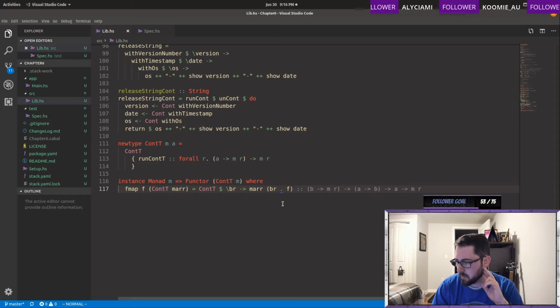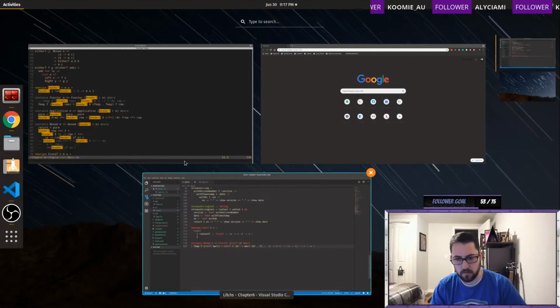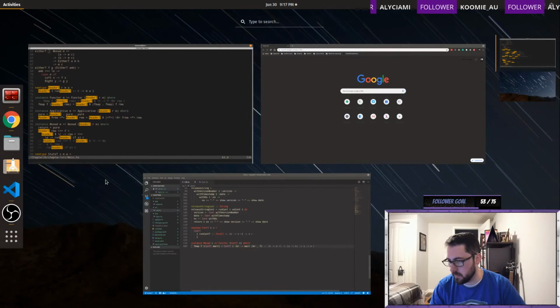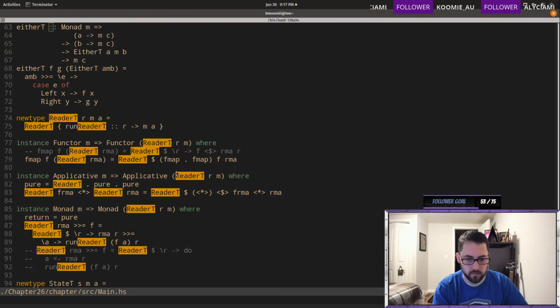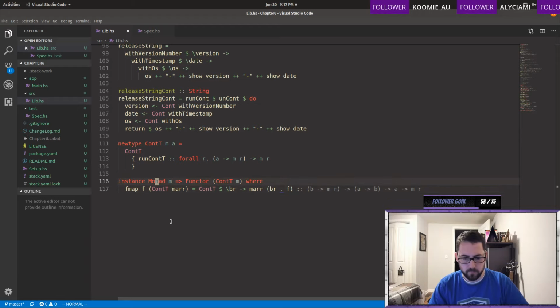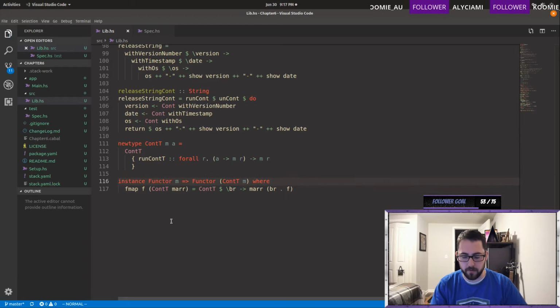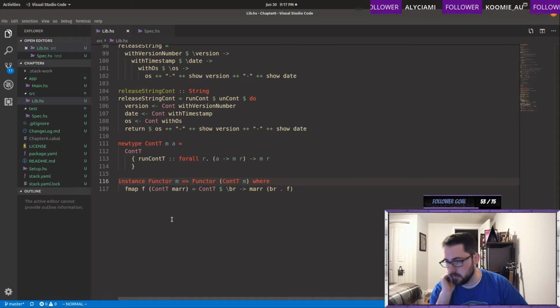I think it needs to be a monad. I haven't thought about this in a while. It just needs to be a functor. You just need to match the level. Yeah. Oops. As long as M is a functor, then ContT M is a functor. That's the idea.